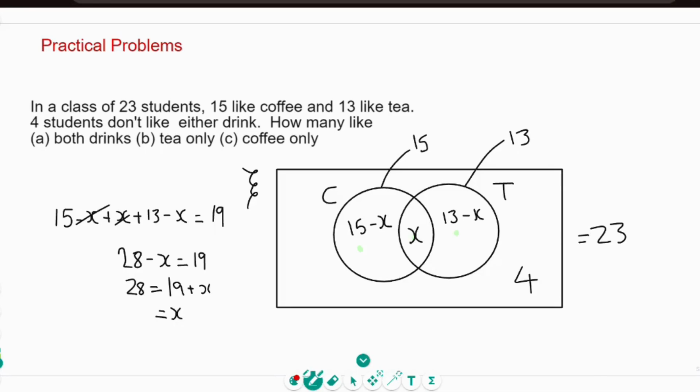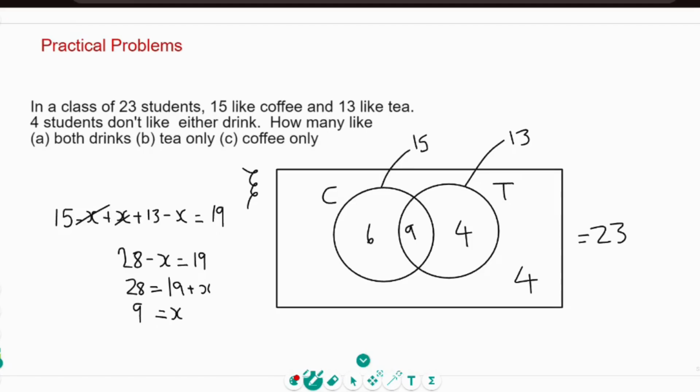So 28, take away 19, take away 19 from both sides, because 9 is x. So if x is 9, 15 minus 9, 6. 13 minus 9, 4.